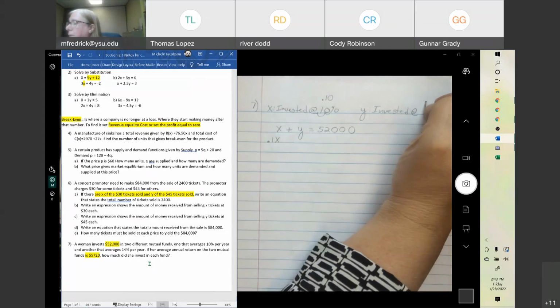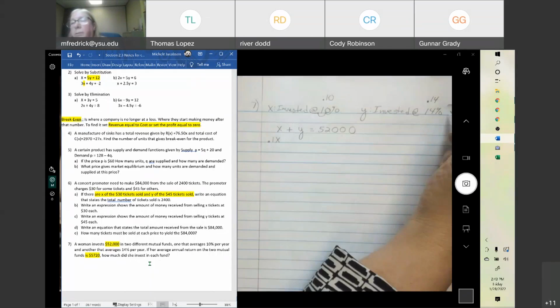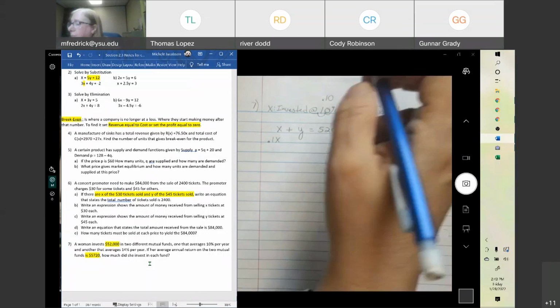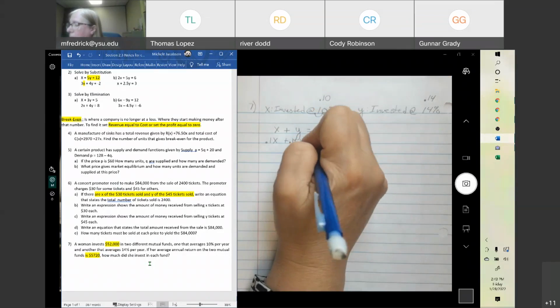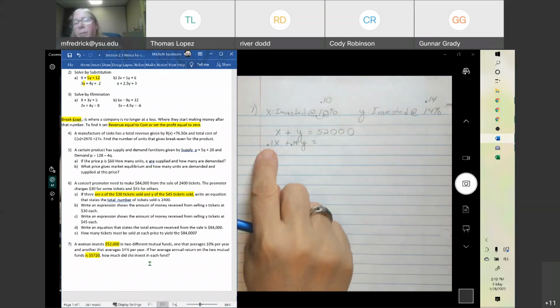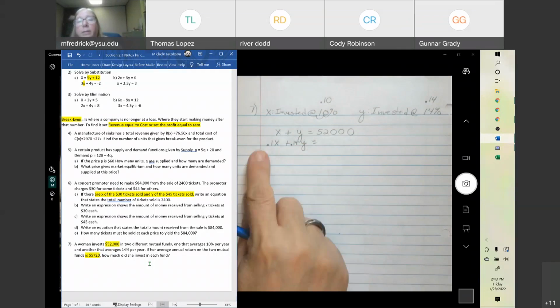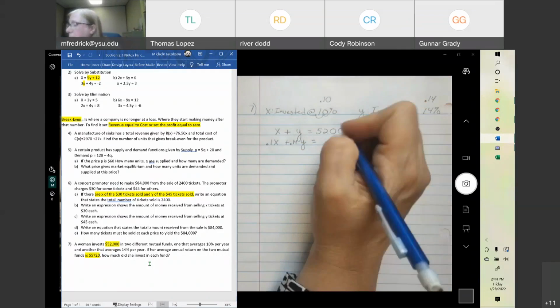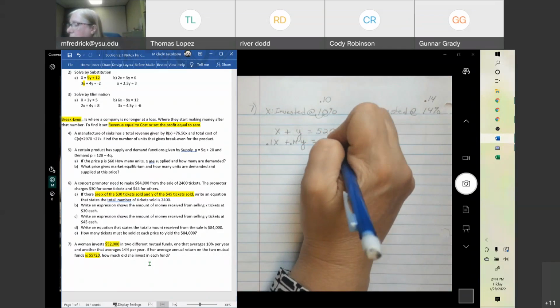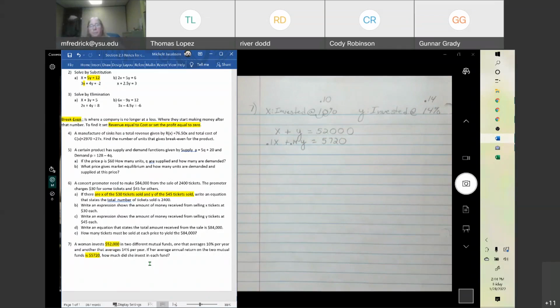This one, moving our decimal, we get 14 hundredths. It would be 0.14 times y. This will be how much interest we make. And the two interests together is the 5,720. Any questions on that?